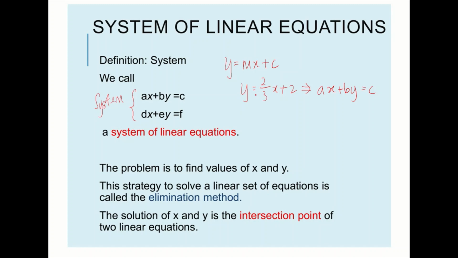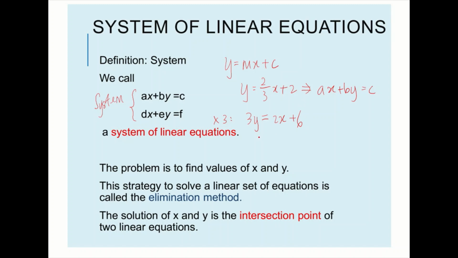So y multiplied by 3, we have 3y, equals to, 2/3 multiplied by 3, we have 2x, and 2 multiplied by 3, we have 6.